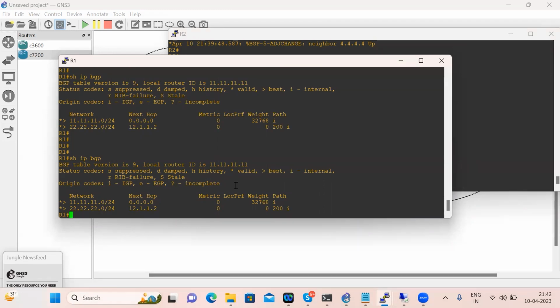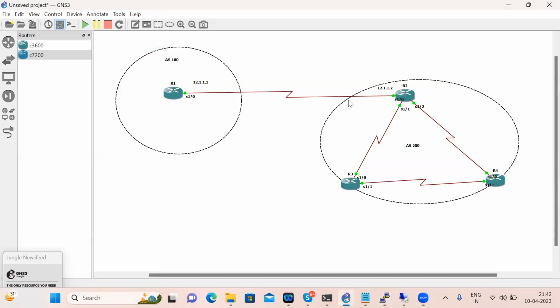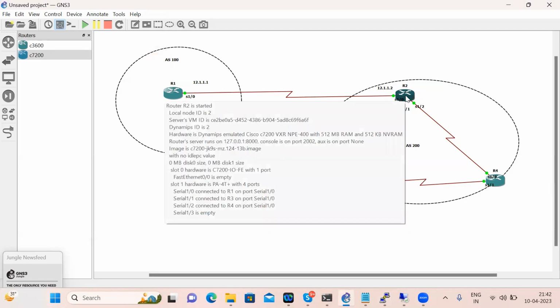Router 2 learned the networks 33 and 44 through iBGP. So router 2 is advertising its connected network to the eBGP neighbor, but not the networks it learned by iBGP. That is the simple rule of synchronization.